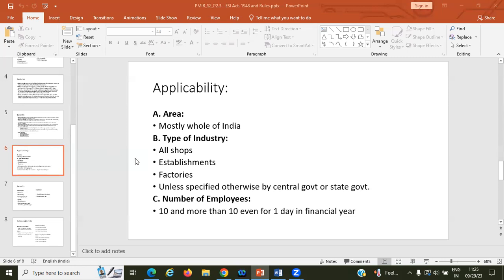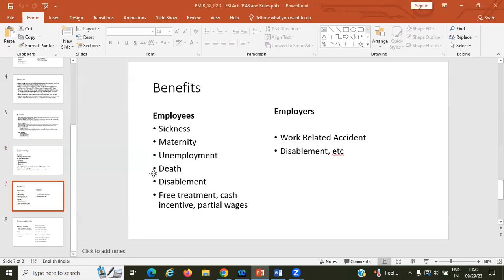You saw the applicability, and this thing we discussed. So generally, what are the diseases? It is listed in the act, but at a high level, what benefits is a person getting?